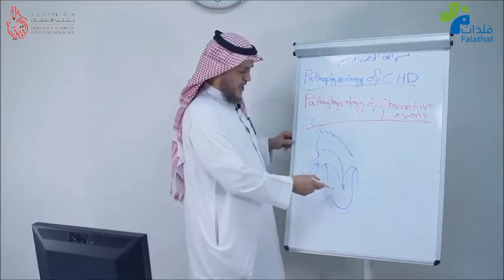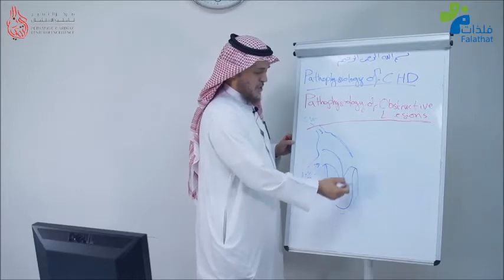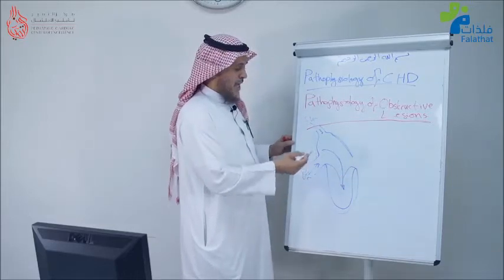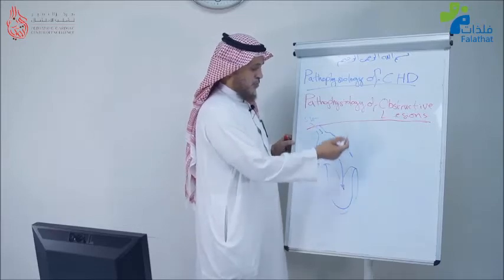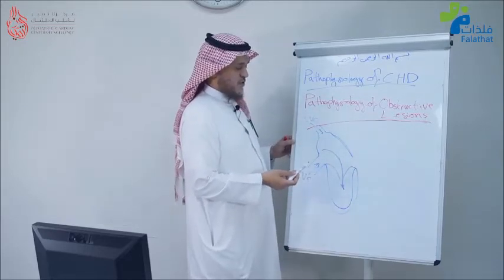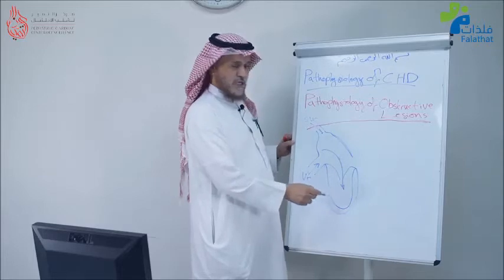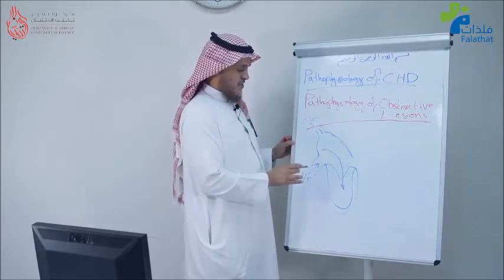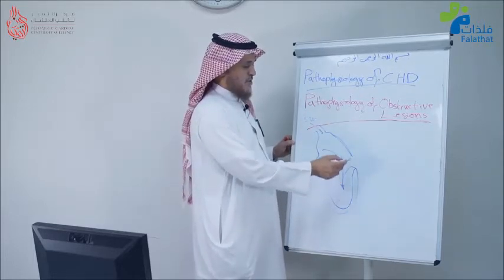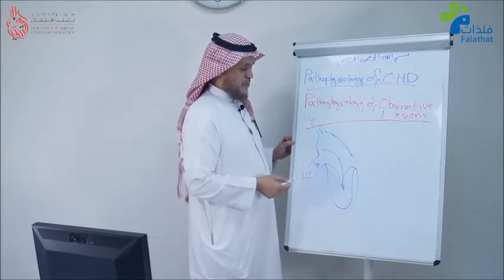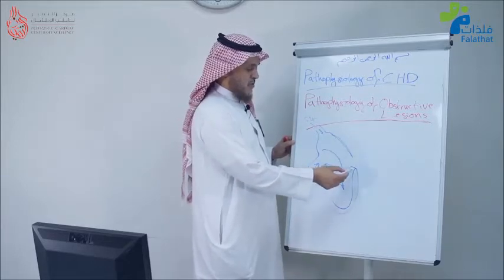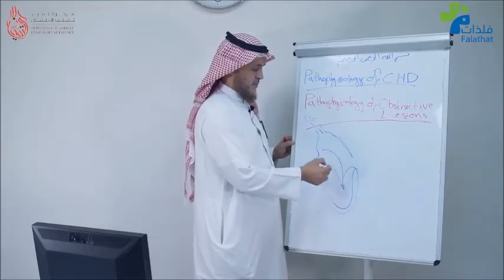The end diastolic pressure, the RV compliance, and the size of the tricuspid valve plus the pulmonary vascular resistance will determine whether the flow can go in or not. We're assuming normal compliance, normal vascular resistance, normal end diastolic pressure, and we're only now talking about tricuspid valve stenosis.